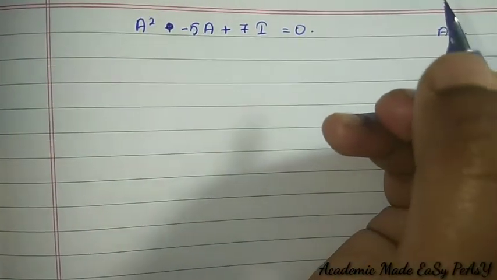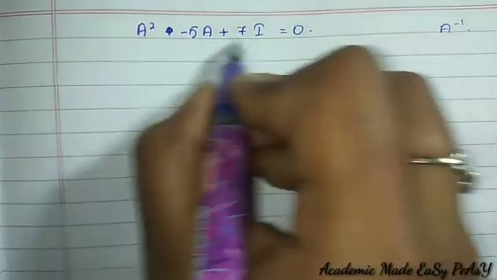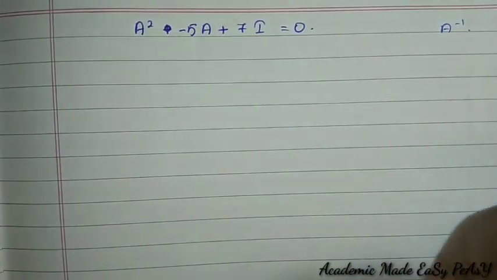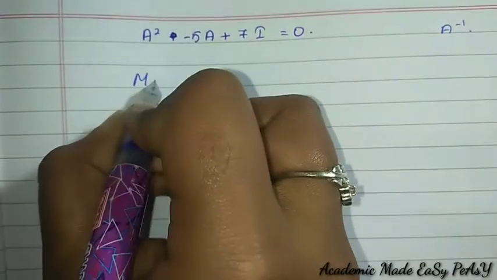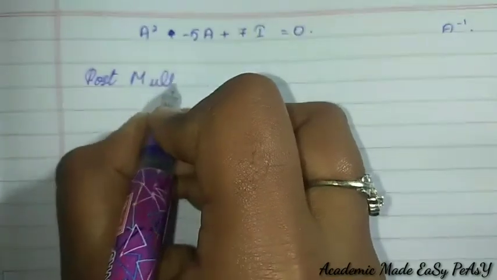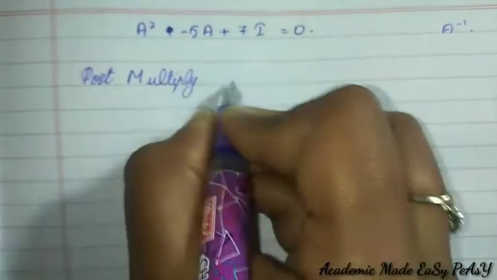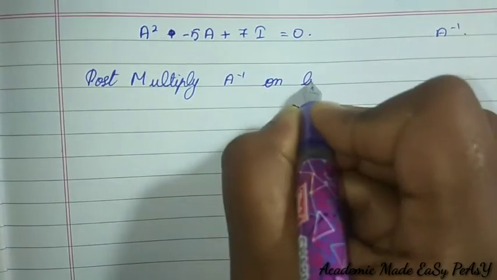So now what I'm going to do is that I have to have A inverse, isn't it? I don't have A inverse anywhere, so I have to find my A inverse. So I will be multiplying, post multiply, A inverse on both the sides.